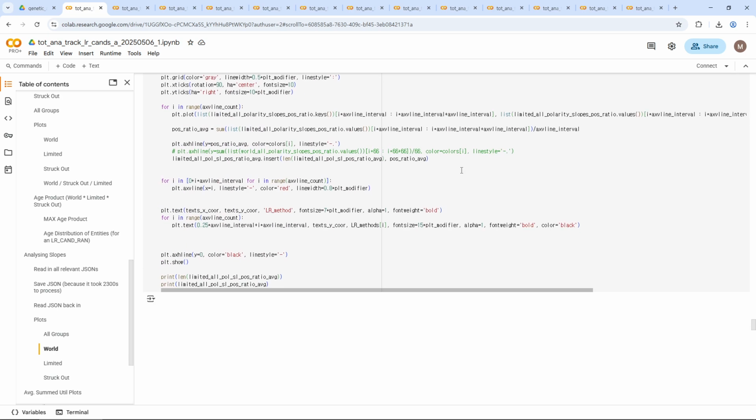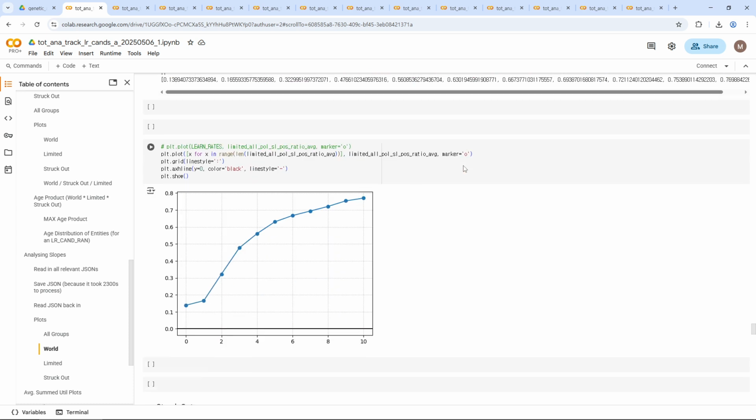and next up, this is where I did it wrong. This is for the limited entities.